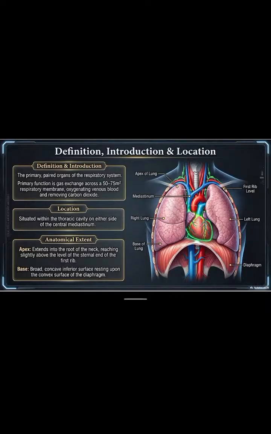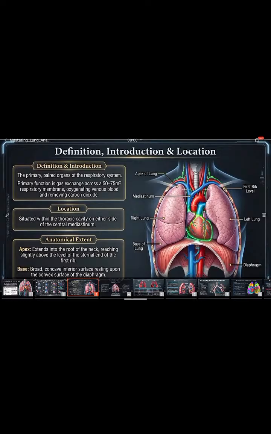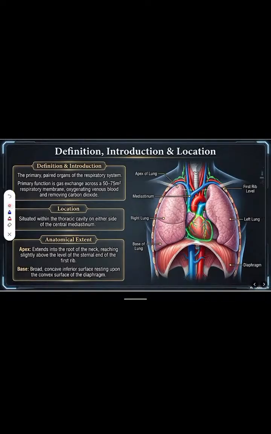Now, when we said the base of the lungs is concave, as I said earlier, concave is in this dimension. You see it? It is a concave shape at the base, which rests on the convex diaphragm. Remember, concave is from this dimension and convex is from this dimension.